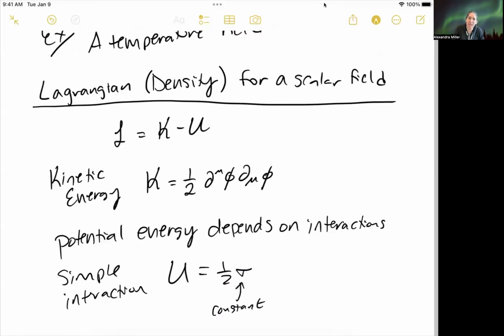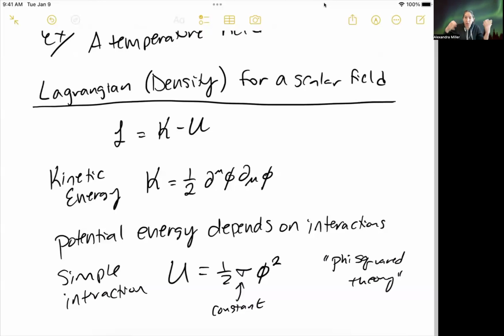And the 1/2 is a convention that's pulled out of our constant just for convenience. So this we would call the phi squared theory, where we just have one interaction term, which is phi squared.